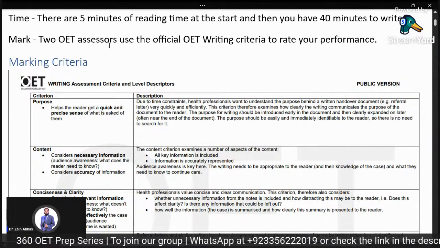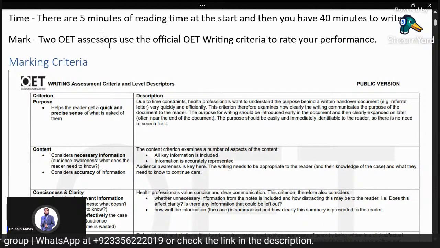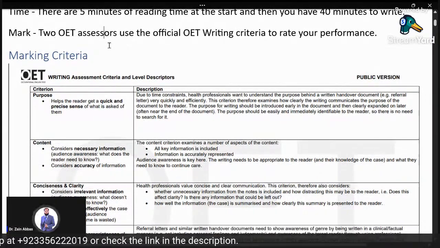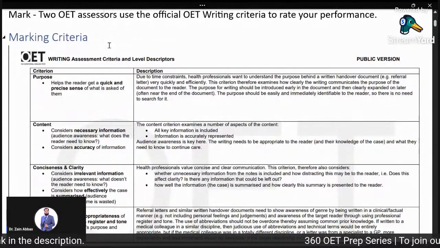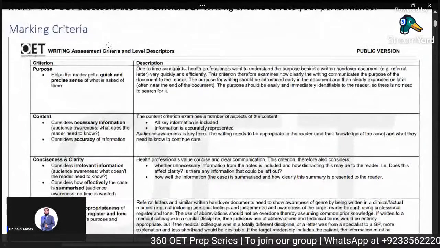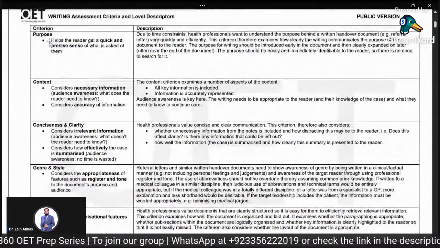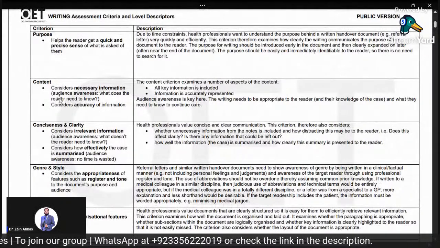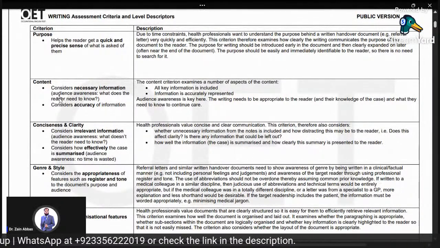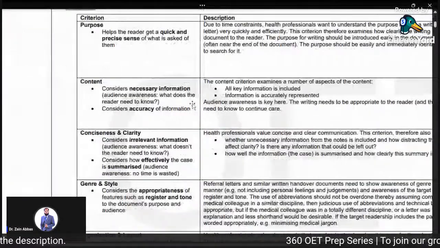In the case of our exam, there will be two Australian assessors who will evaluate your whole letter and mark it. They have a set of important criteria for the marking, and you can see in front of you that these important points should be well weighed when you are writing a letter, because they make your letter worthy and evaluated in a better sense.